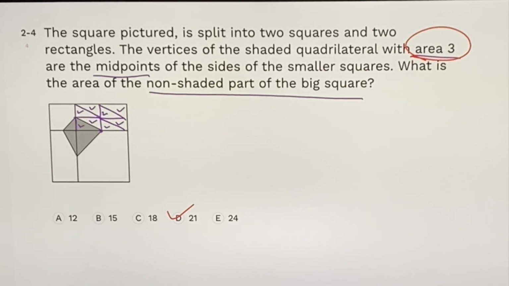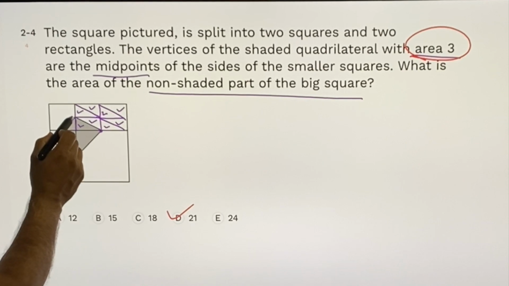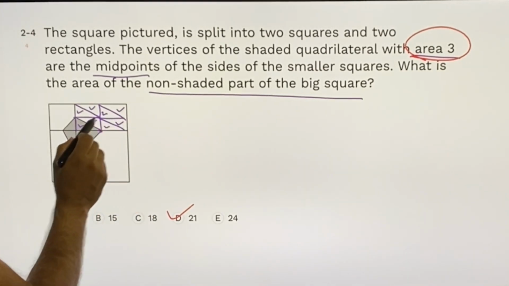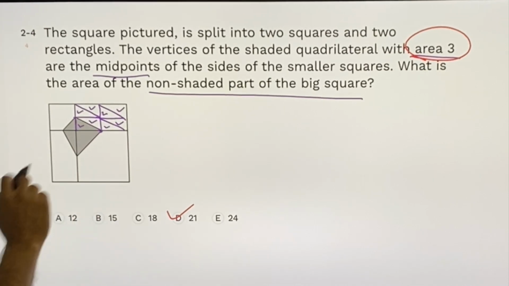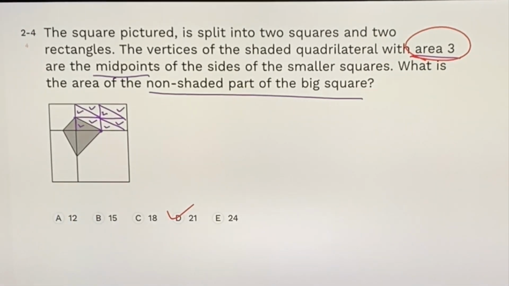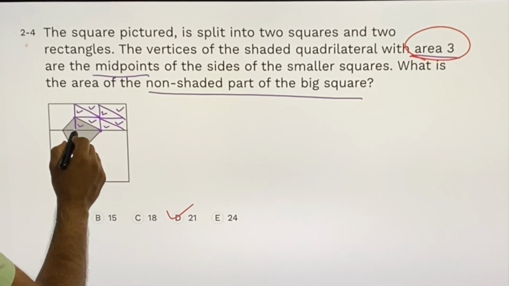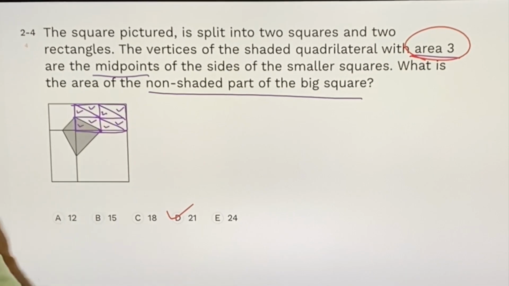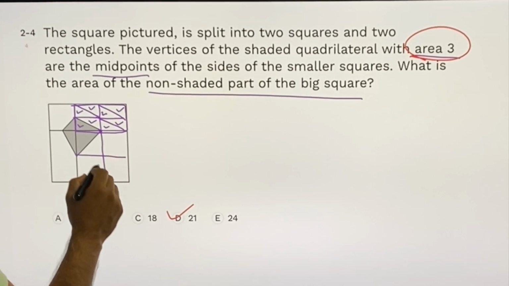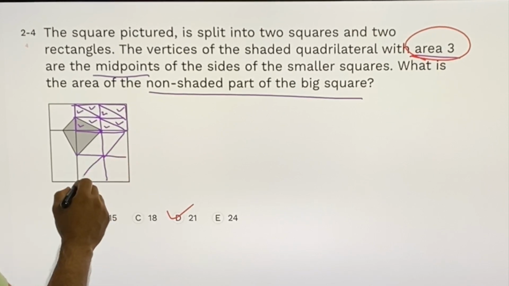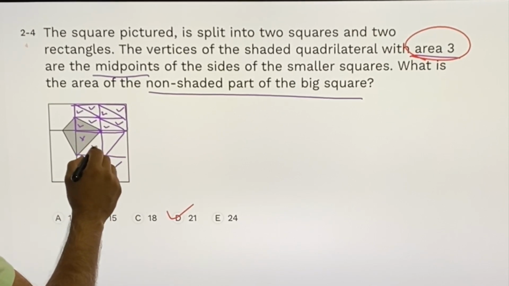Okay. So the non-gray or non-shaded part is 1, 2, 3, 4, 5, 6, 7 times the gray area for this part, right? For this one, similarly, this is also going to be 7 times. If I split it like this, this is going to be the same.